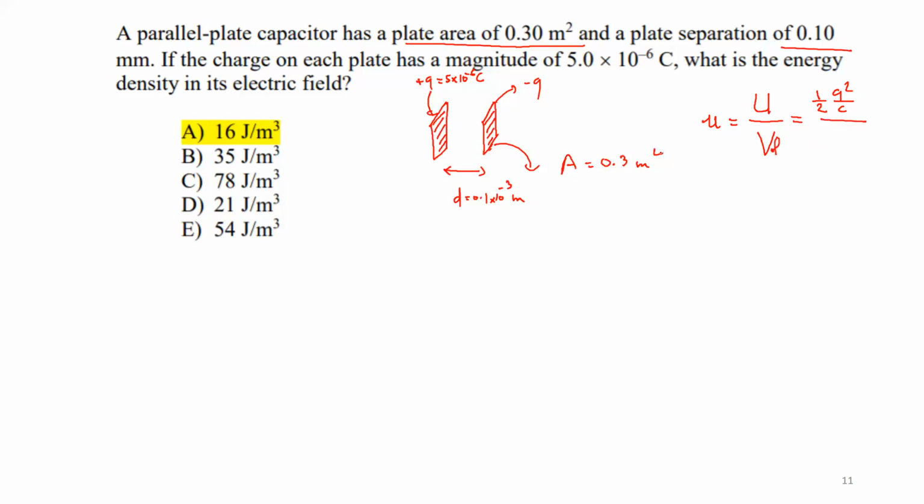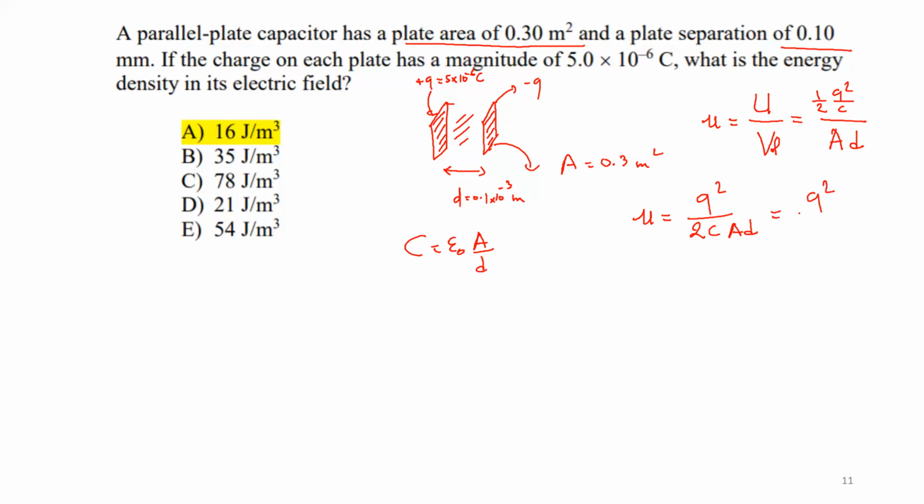Now, what's the volume? The volume between the plates is A multiplied by D. So u, which is what I want, is just Q square divided by 2CAD. Okay, now what is C? You know C. C is epsilon naught A divided by D. So let me replace it here.